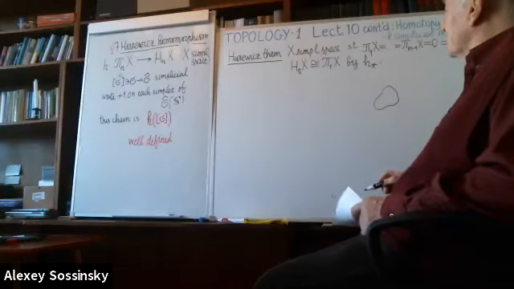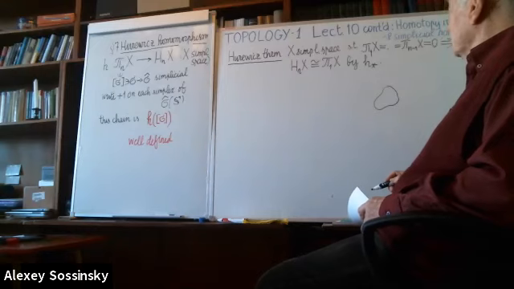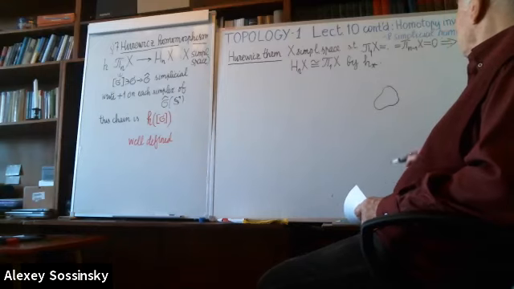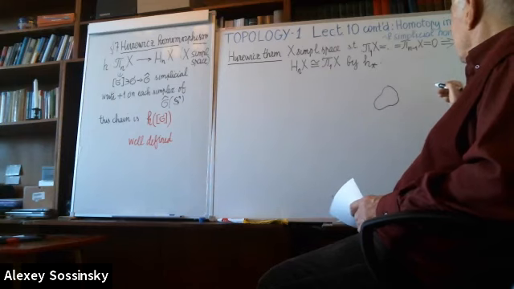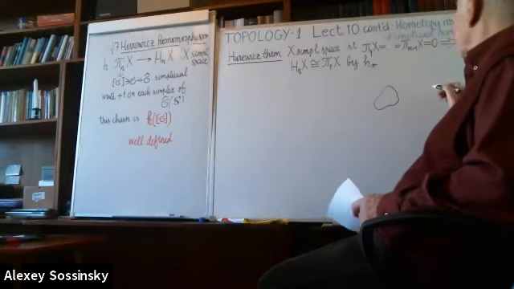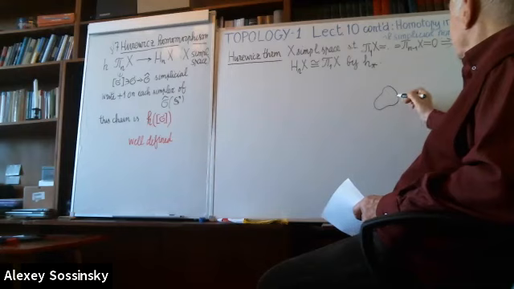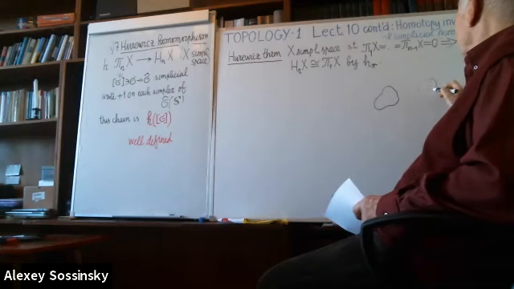The elements of a homology group are cycles, and cycles can be more complicated than spheres. For example, they can have handles.